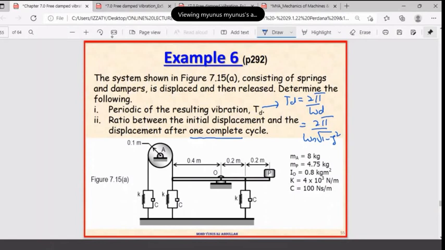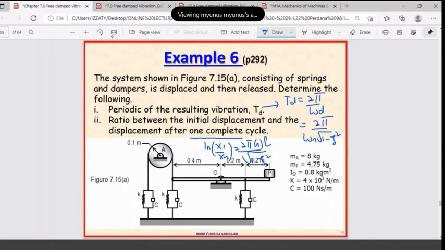To define the ratio, it comes from the equation ln of x1 by xn equal to 2 pi, n being 1, zeta over the square root of 1 minus zeta squared. So this is the ratio. Of course, you have to transfer ln to the other side, and it becomes an exponential. Our aim now is to define omega n again. Omega n is basically square root of k by m.